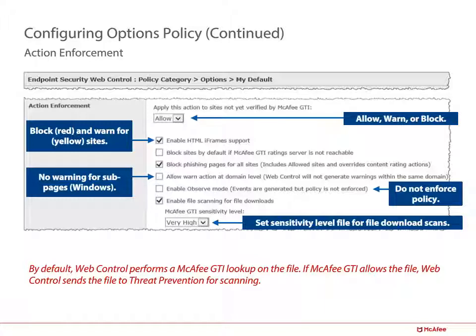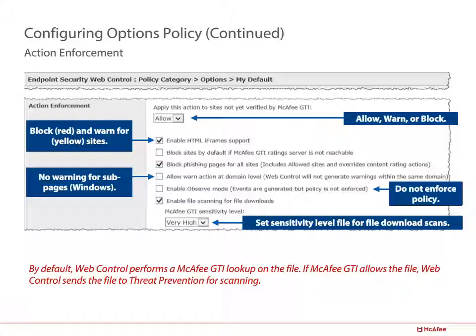Enable file scanning for file downloads will scan any files such as .zip, .exe, .ocx, .cab, .msi, .rar, .scr, and .com before they're actually downloaded. This is enabled by default.